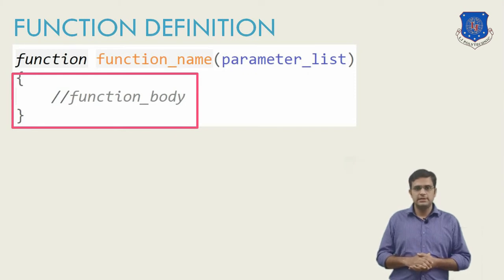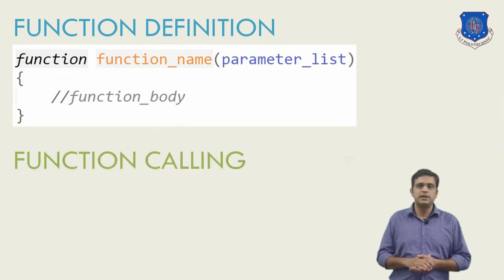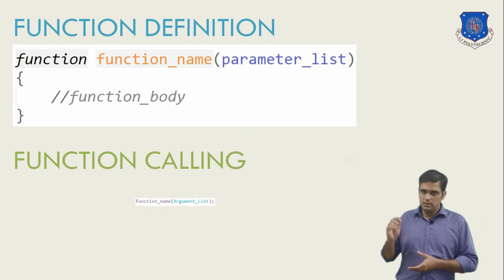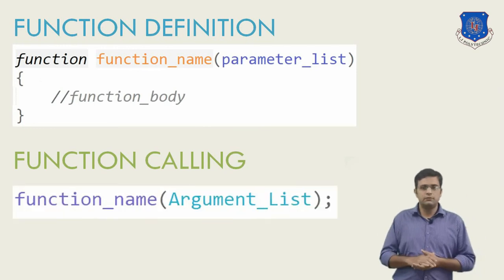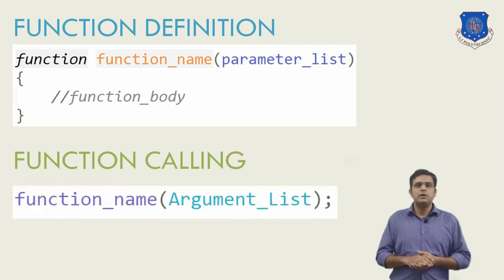Now let us see how we can call the function once we complete writing the user-defined function. Calling a function is very simple. Here is the syntax to call the function. You have to mention just the function name followed by the argument list if there are any arguments in your function. By calling the function, you execute the code written inside the function.